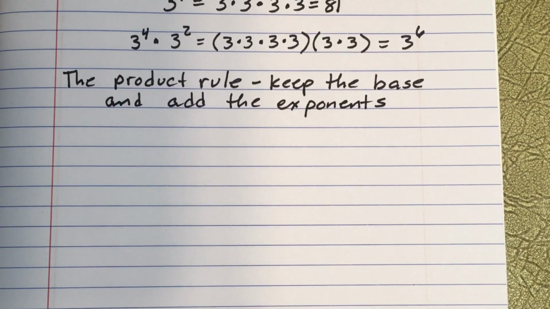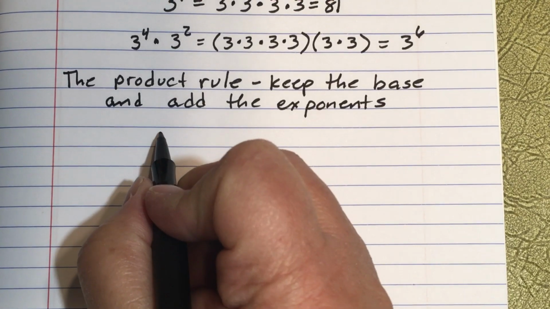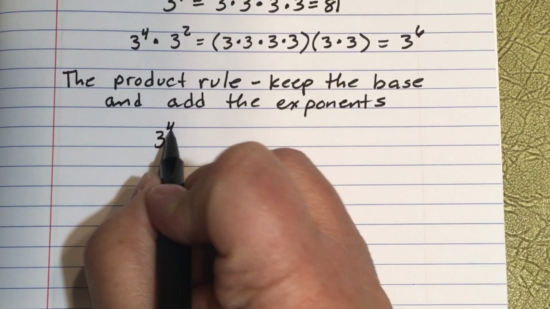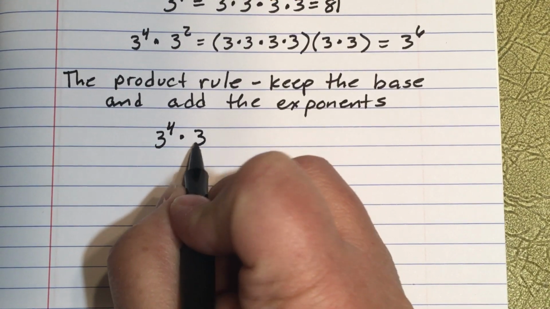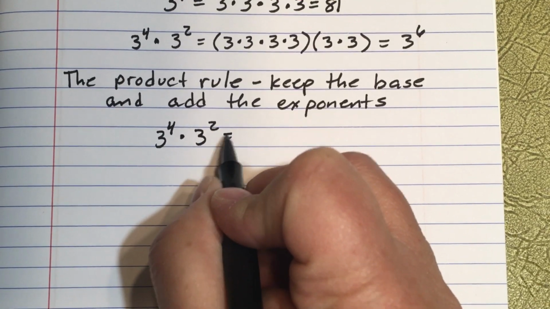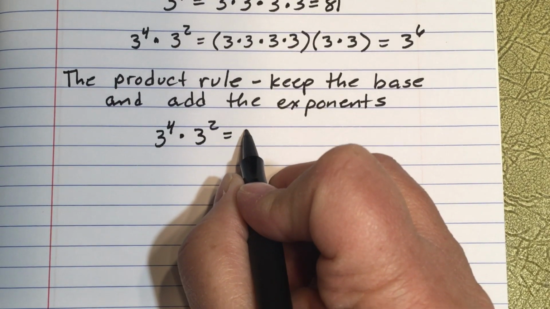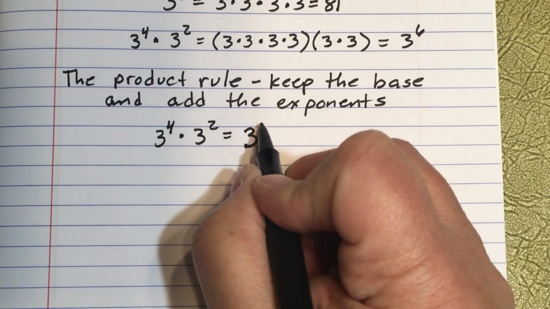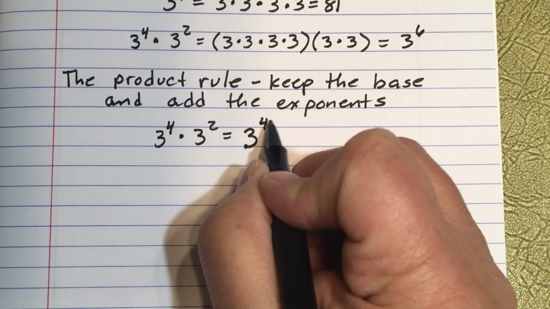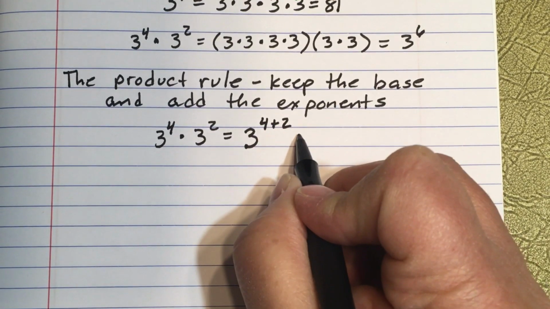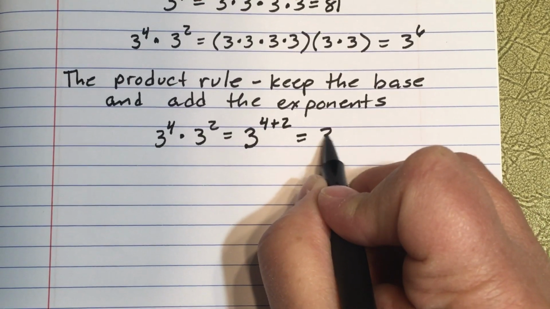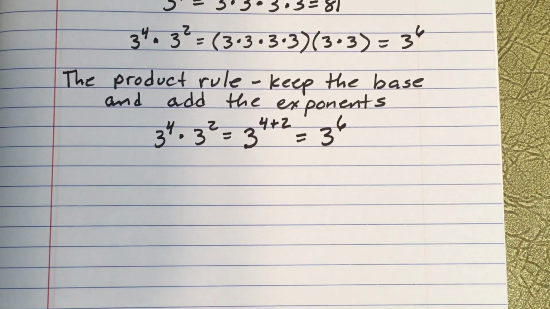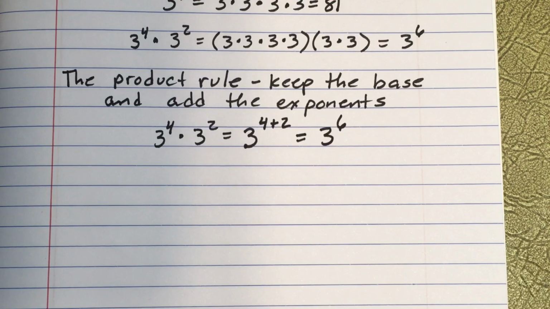So what does that really look like? I have 3 to the 4th power times 3 to the 2nd power. The base is 3, so I'm going to keep that base 3, and I'm going to add the exponents 4 plus 2. And I still get 3 to the 6th power without having to write out all those 3's.